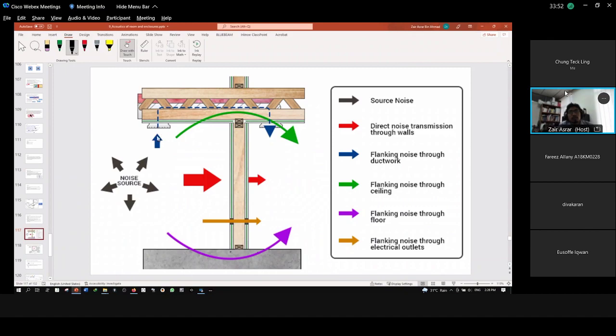The sound can pass through our aircon ventilation system. It can also pass through the floor to the adjacent room. So this kind of noise transmission is also possible, and since we have this other contribution, the overall practical performance of our partition will be reduced.